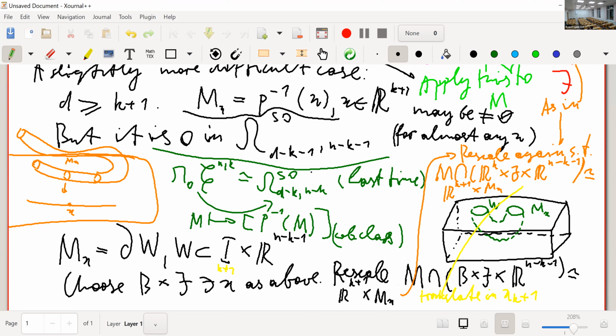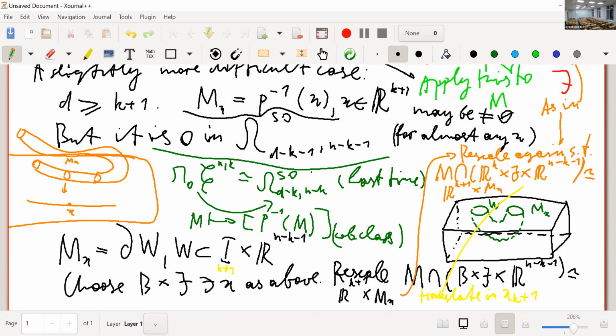We want to get rid of the intersection with some slice. Which slice?